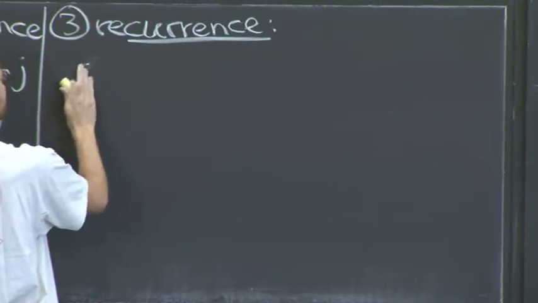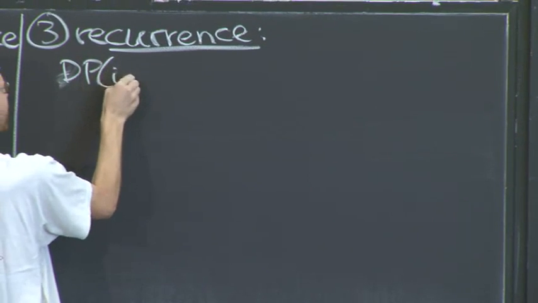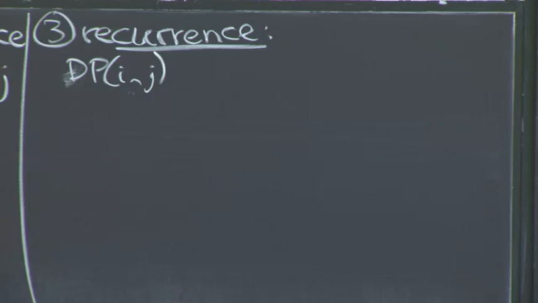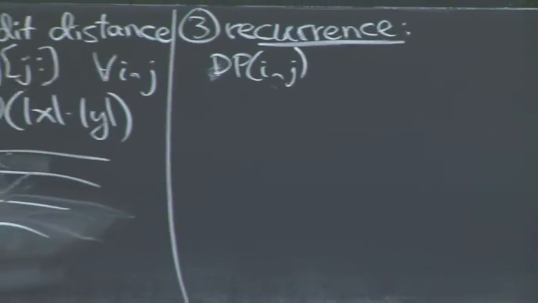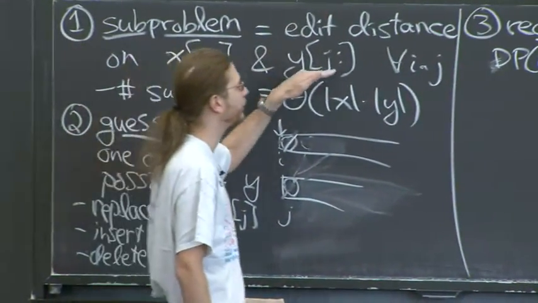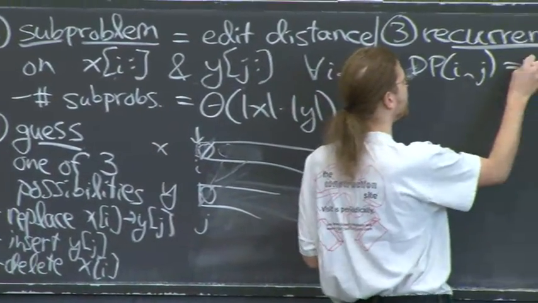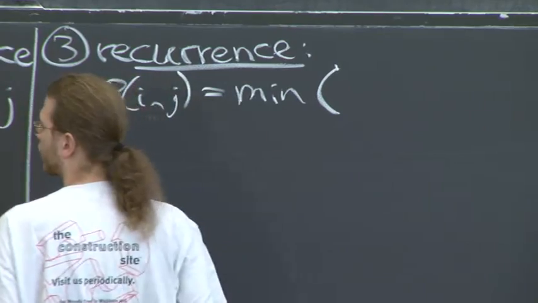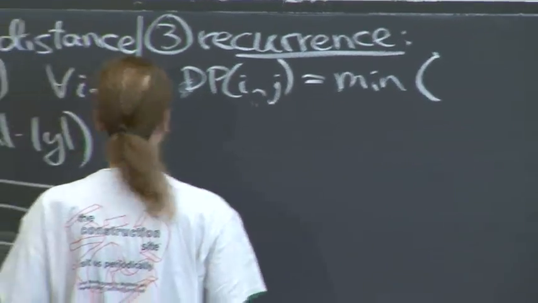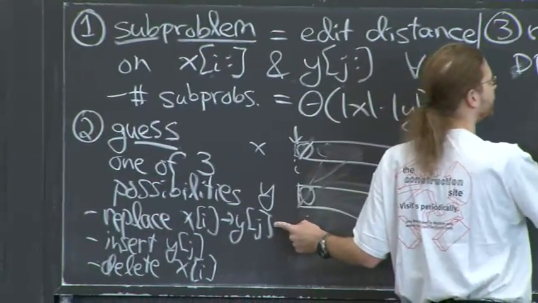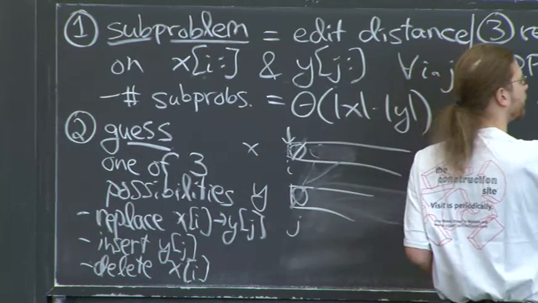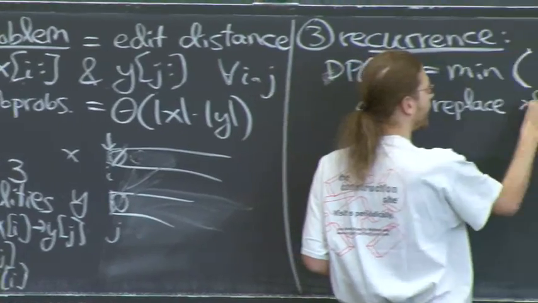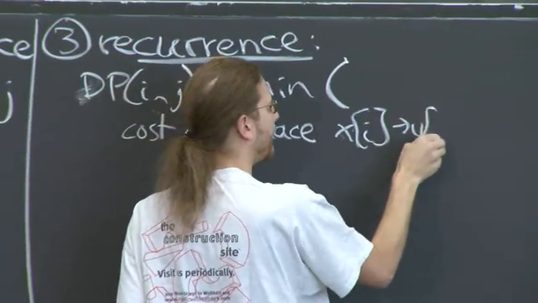So I'm going to write, I guess, dp of i, j. But now i, j is not a substring. It's a suffix of x and a suffix of y. So it corresponds to this subproblem. If I want to solve that subproblem, it's going to be the min of three options. We've got the replace case. So it's going to be some cost of the replace from xi to yj.